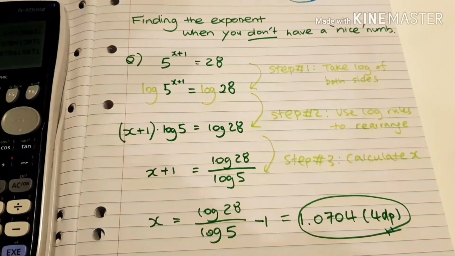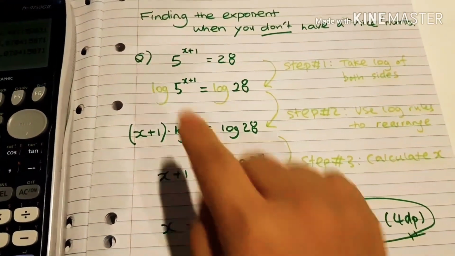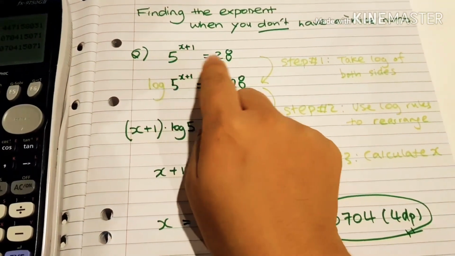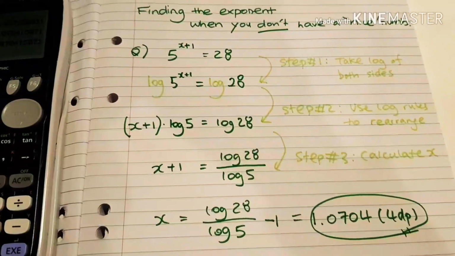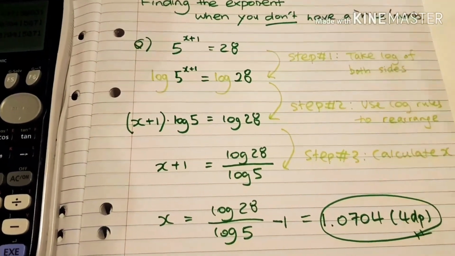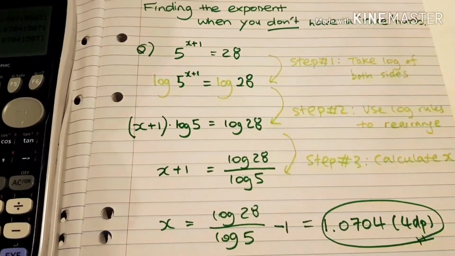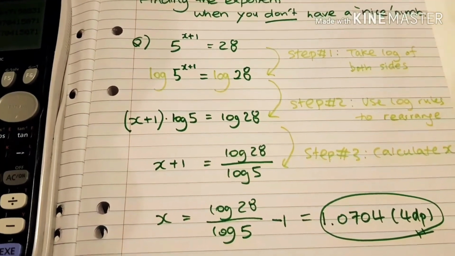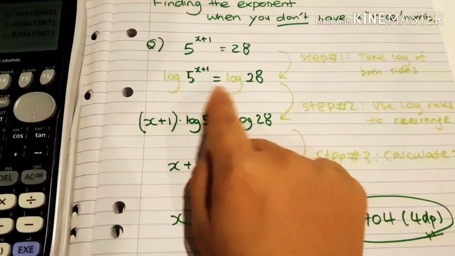So I'll summarize again. If you cannot make the same base to calculate it, then your answer will not be a nice number. It's not going to be a whole number, and it's not going to be a pretty fraction. In that case, step 1, take log onto both sides.